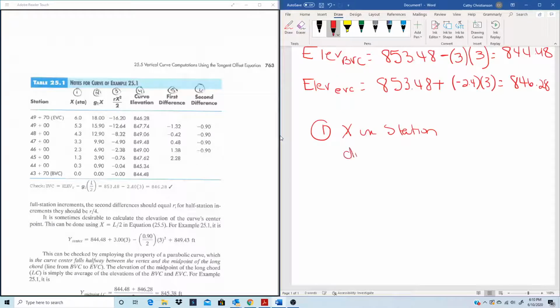And that's the distance, I'm going to say distance to beginning vertical curve. So if we're looking at 44 plus 00 minus 43 plus 70, it's actually 30 feet, but that is equal to 0.3 stations.